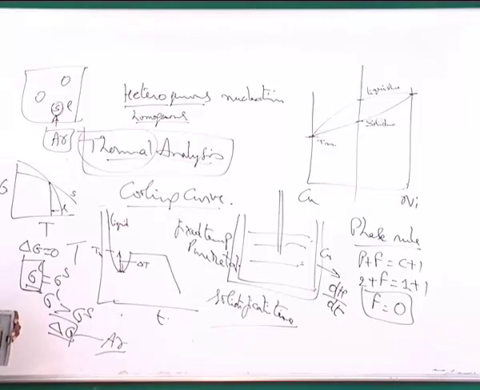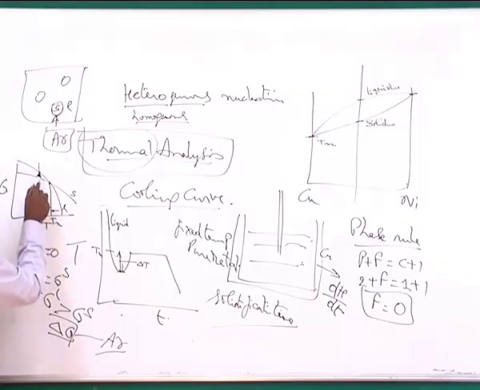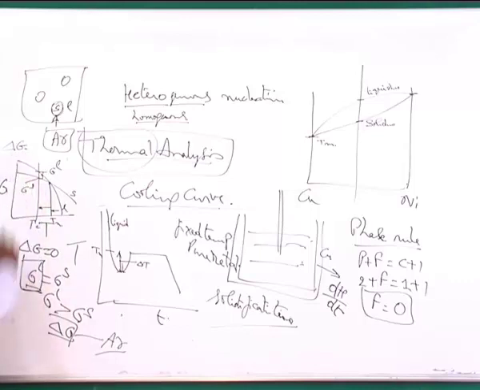So when will you have that excess energy? Only when I bring the liquid below the melting point to a certain temperature T. At that temperature you see that GL is higher than GS, and this difference, which we call ΔG, is now available for creating this.